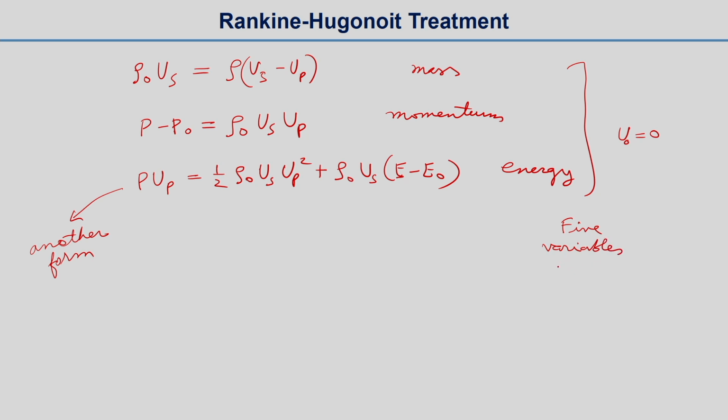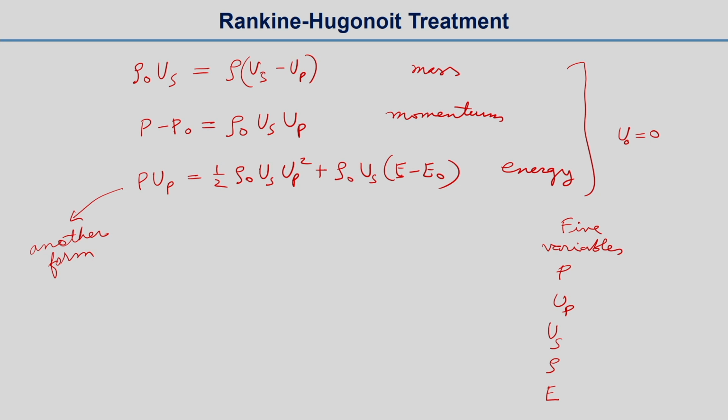Those are P, the pressure; Up, the particle velocity; Us, the velocity of the shock wave front; rho, the density of the fluid; and E, the internal energy per unit mass.